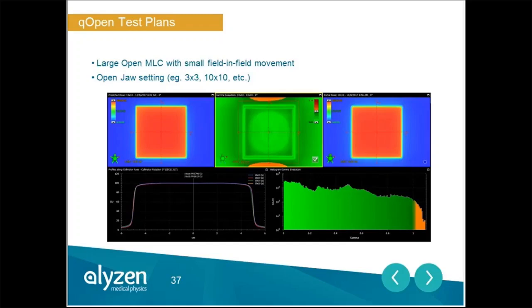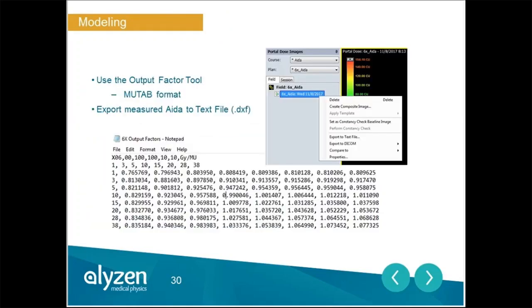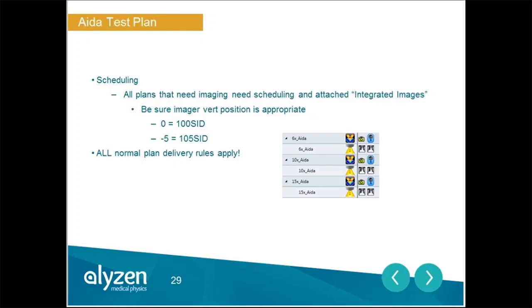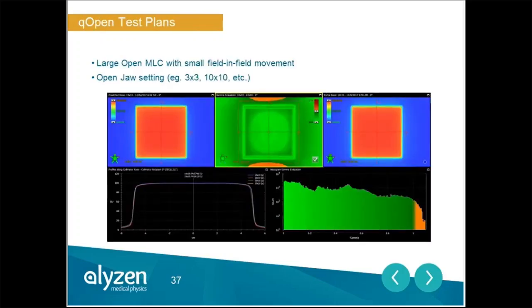And in fact, I think my example had 0.998 in it. And that shows that this CU is reading 99.57 versus 99.86. You're getting really good agreement here.